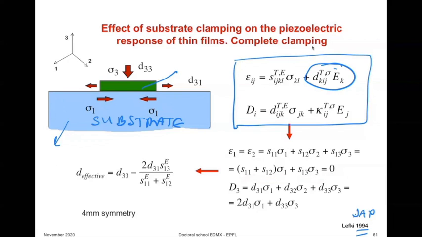While measuring the charge, even though we are applying only sigma 3 ourselves, we will get a longitudinal piezoelectric coefficient, but we will also have these two piezoelectric effects which come from the stress sigma 1 and also the one which is perpendicular to the plane of the paper, which is sigma 2.